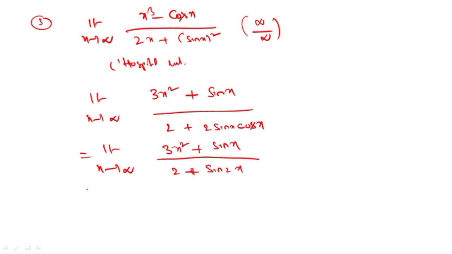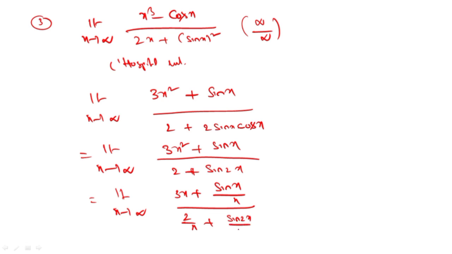Again I will get the same. Or if you divide both numerator and denominator by x, we get 2 by x plus sin 2x by x. This is infinity, this is infinity.